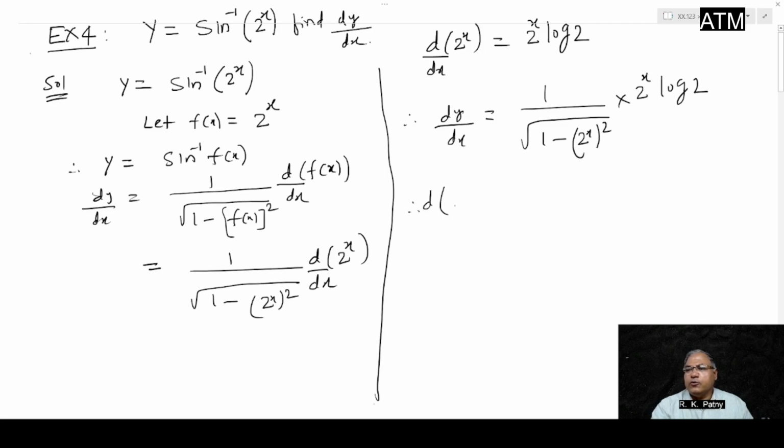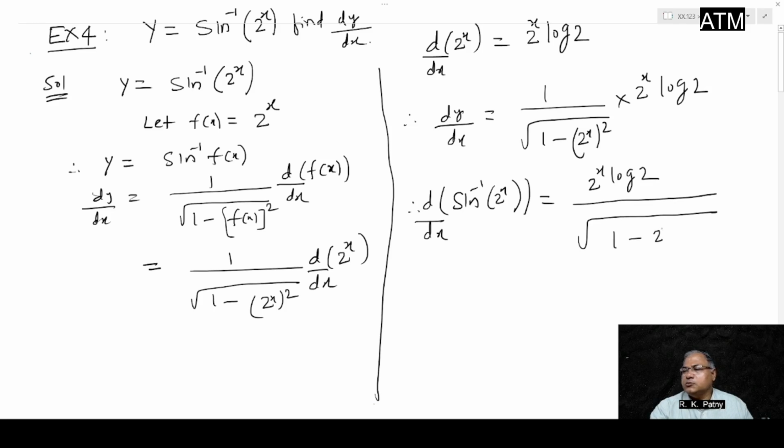Therefore, differentiation of sine inverse of 2 raised to x with respect to x equals to 2 raised to x log 2 upon under root of 1 minus (2 raised to x) whole square. This is the required answer.